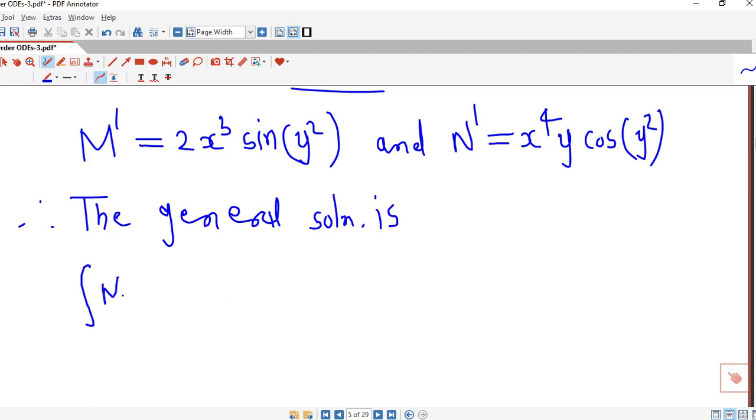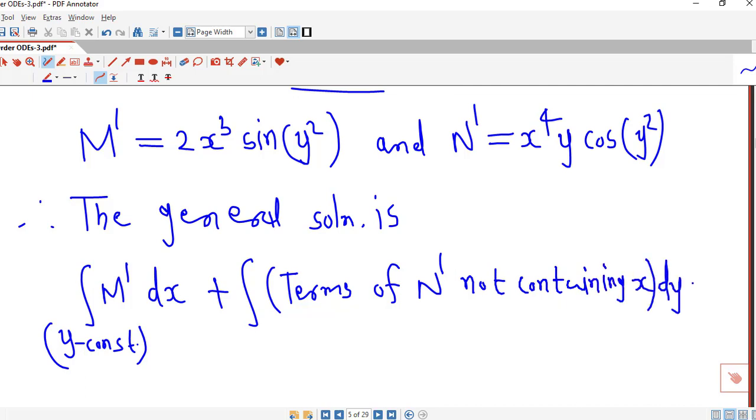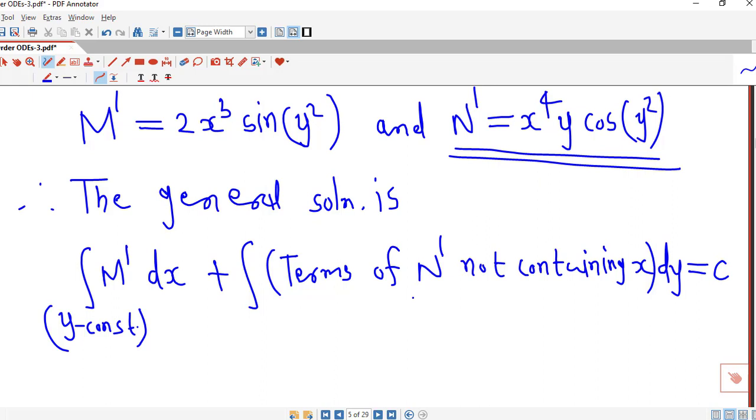integral of M dash with respect to x considering y as constant, plus the integral with respect to y of the terms of N dash not containing x, equal to constant. In N dash there is only one term and it is containing x, so this quantity will be 0, and we integrate M dash with respect to x.